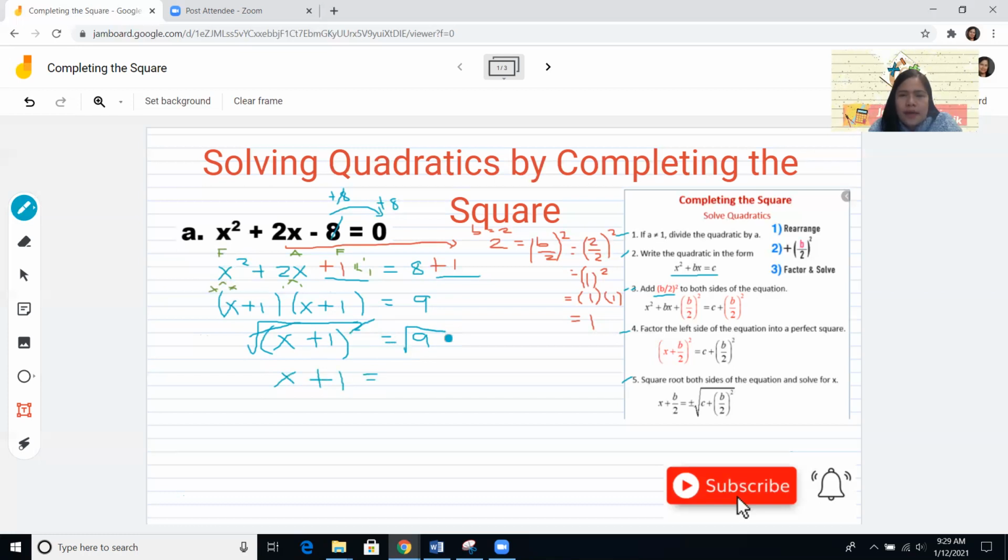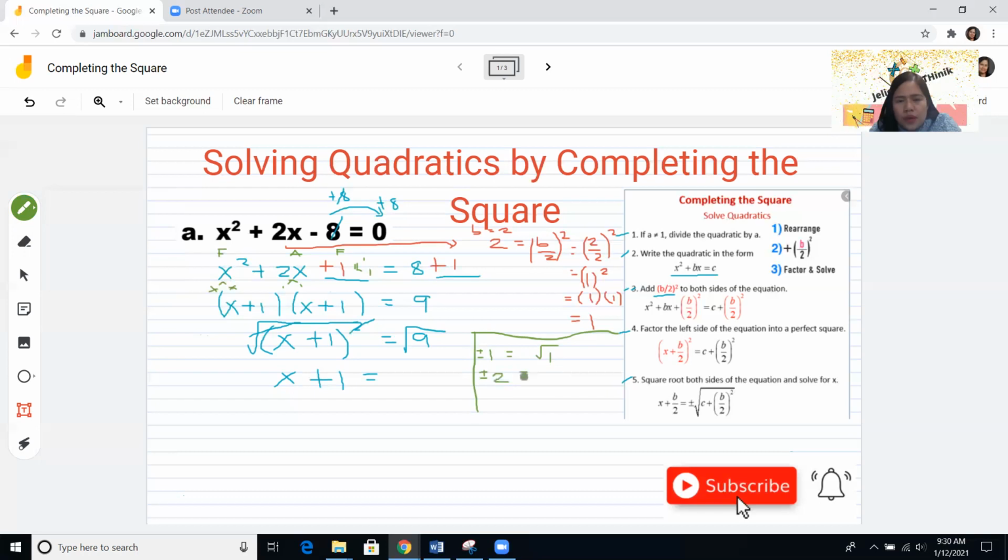Okay, what is the square root of 9? Let us have a recap on your previous math about radicals. What are all the perfect square roots? Okay, let's start with 1. It is the square root of 1. This is positive and negative because 1 times 1 is 1, and negative 1 times negative 1 is 1. And then we have also the square root of 4, which will give you 2, positive and negative 2.